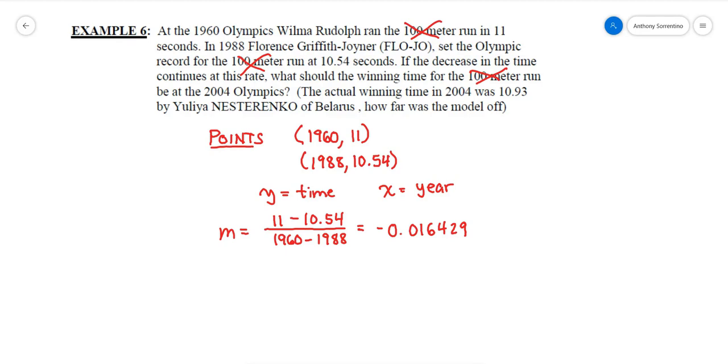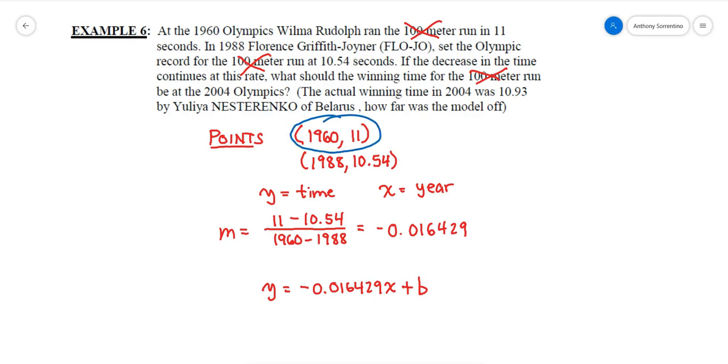So right now I have the formula y equals negative 0.01649 x plus b. I've got to figure out what b is. The way I'm going to figure out what b is, I'm going to go back and take one of these initial points. I'm just going to take the first one for the sake of argument.